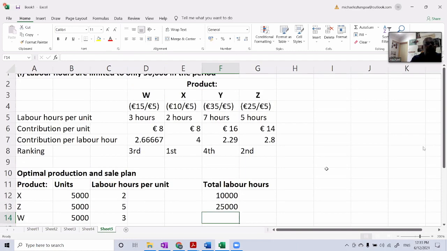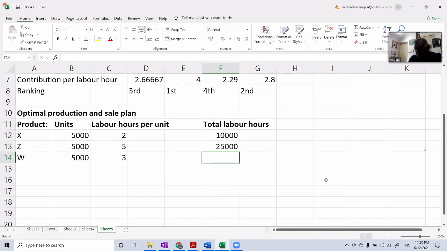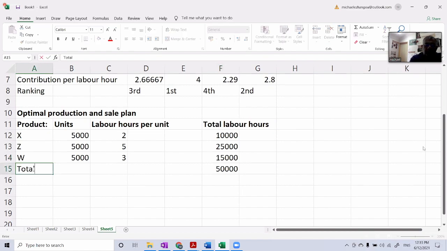How many hours do we have total? 50,000. 10,000 plus 25,000 plus 15,000, yes, I can make it, because that is exactly 50,000 hours.